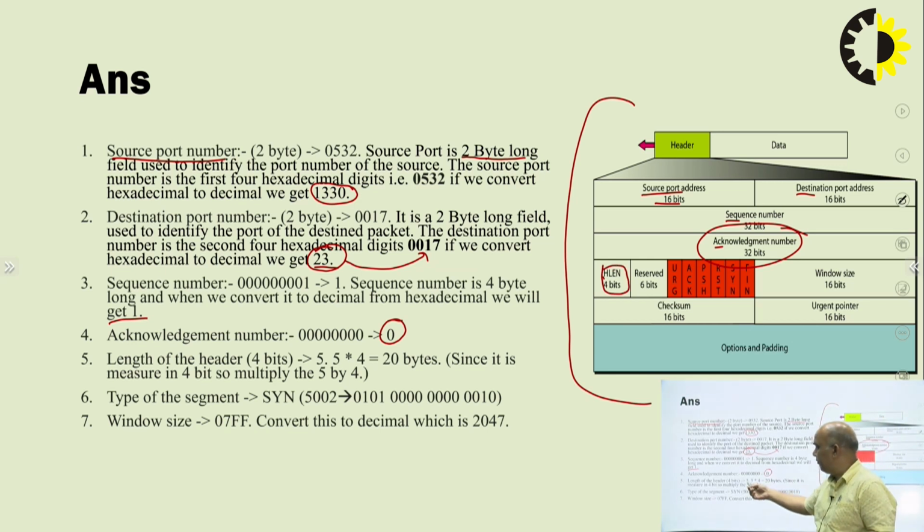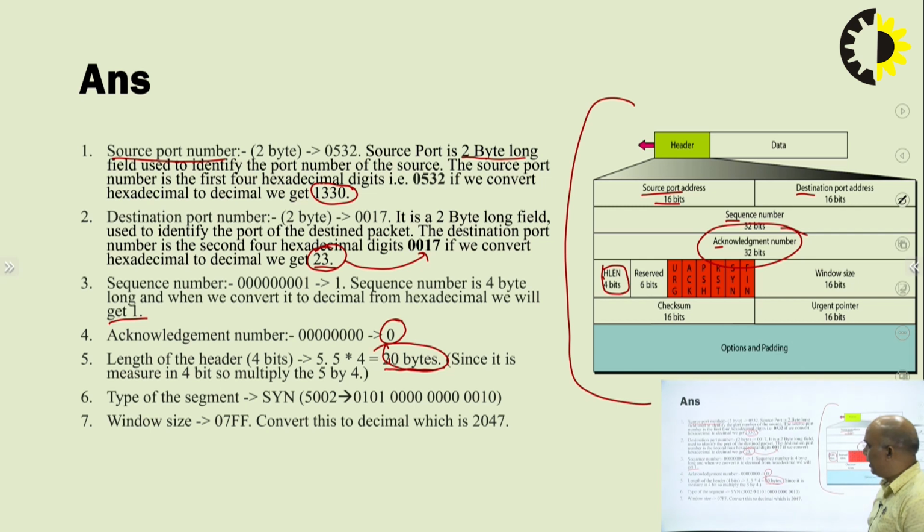So we have 5, and then we multiply it by 4, so we have 20 bytes allocated for the header, because it is measured in 4-byte words. So we simply multiply 5 by 4. This defines the length of the header.